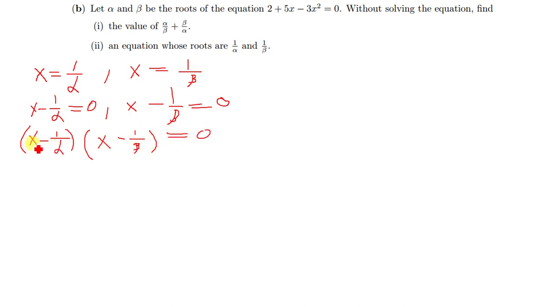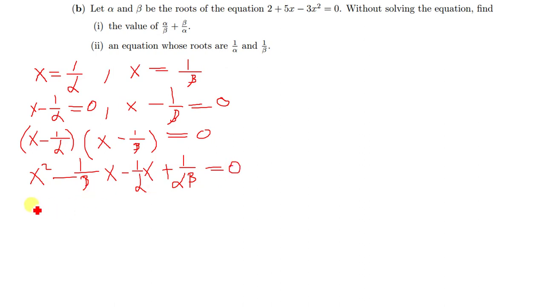So here you just multiply x times x, you get x squared. x times negative 1 over beta, you get negative 1 over beta x, then negative 1 over alpha times x, you get negative 1 over alpha x, and then negative 1 over alpha times negative 1 over beta, you get 1 over alpha beta, and then this is all equated to 0.